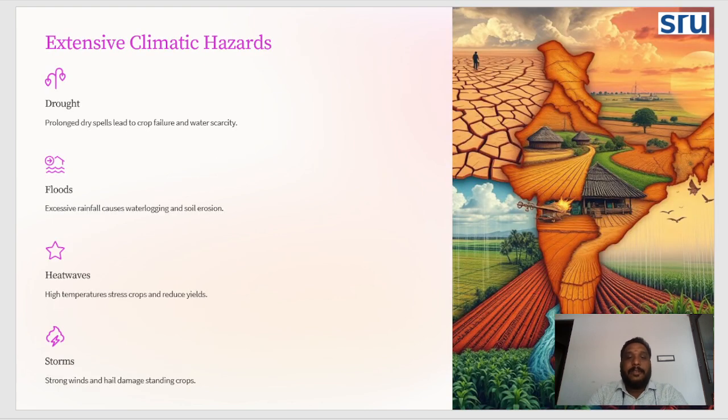Next comes a very interesting and important characteristic: extensive climatic hazards. Connecting with the first point, in rain-fed agriculture there can be chances of getting either drought or floods, so we can understand there are more chances of extensive climatic hazards.